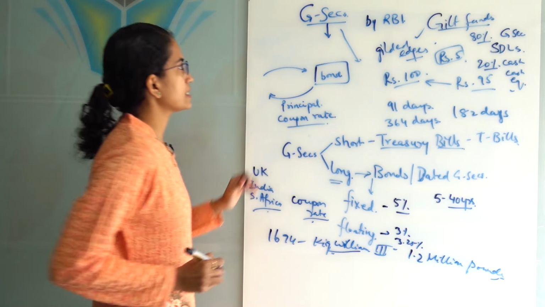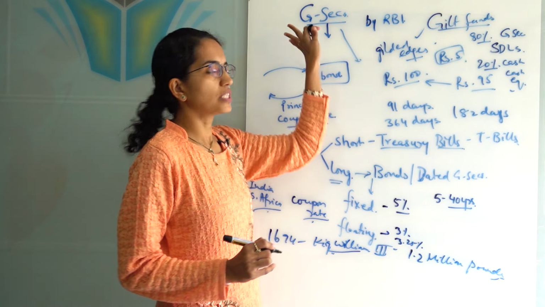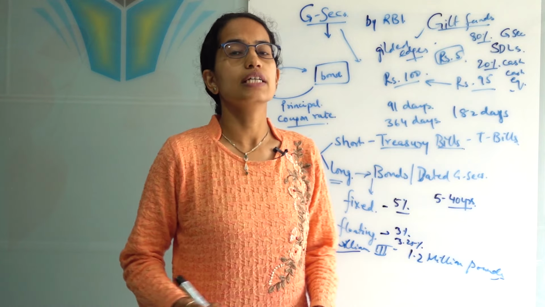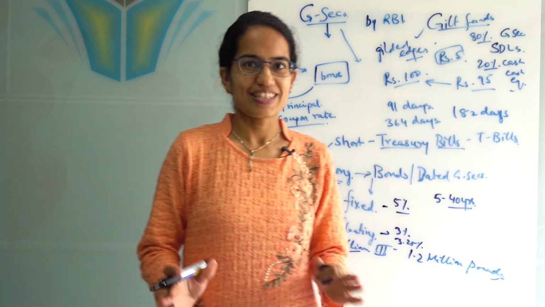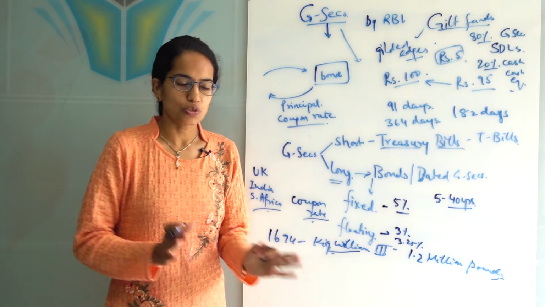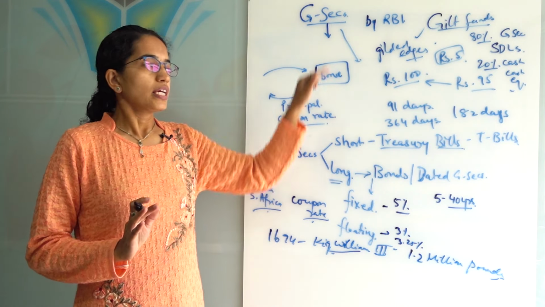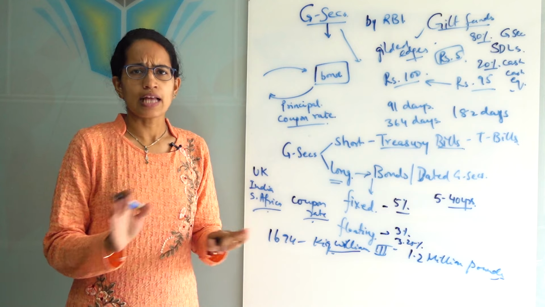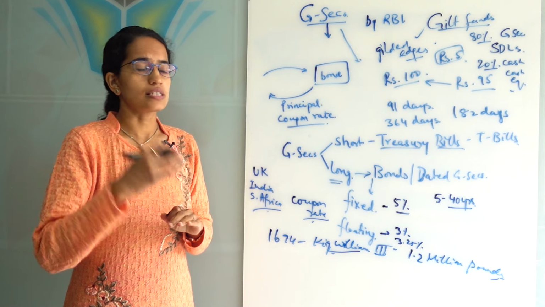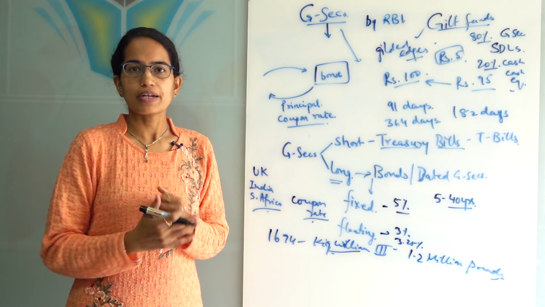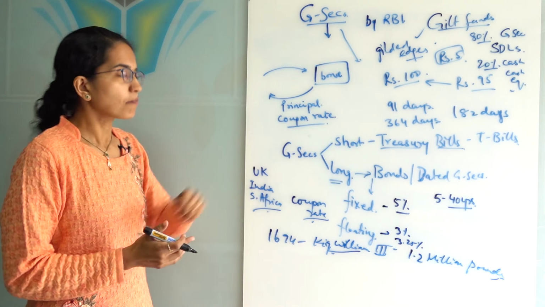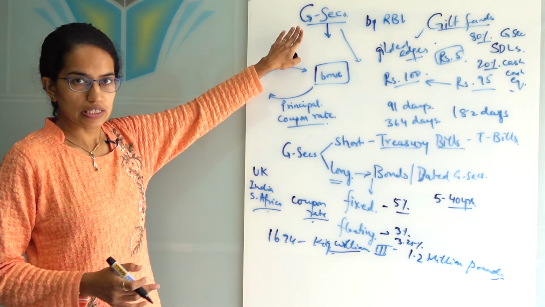One of the major things that we need to understand with these government securities is the associated risk. When it comes to risk associated with government securities, I would say the credit risk is nearly none, since it's the government, the repayment by the government would be there, and there are no issues with repayment.